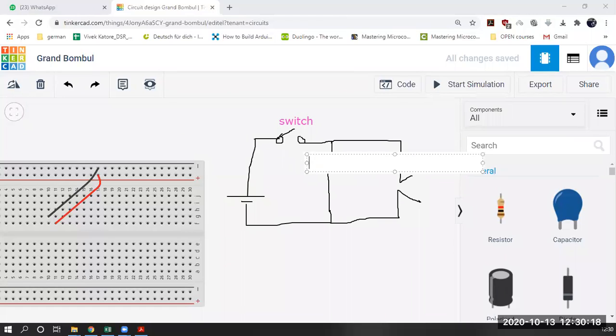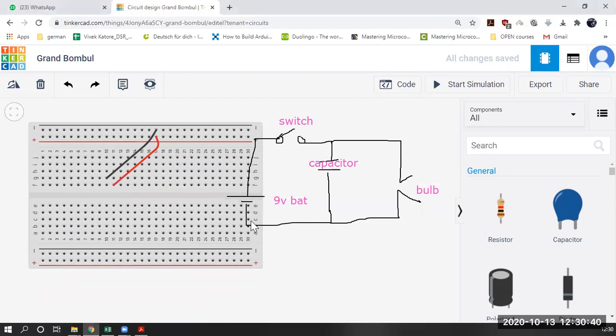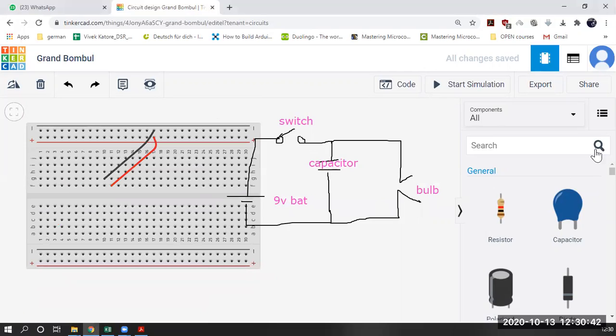This is the capacitor. And this is the bulb, and this is the 9 volt battery. Okay, simple. So I want to make the same connections here. So the breadboard makes it easy.